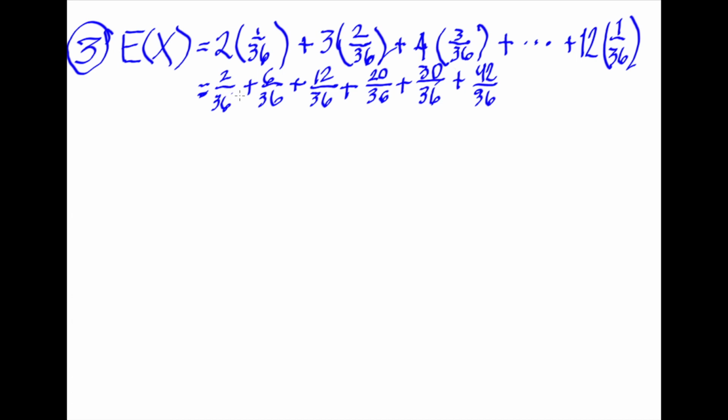So this is 2 times 1, this is 3 times 2, this is 4 times 3, this is 5 times 4, this is 6 times 5, this is 7 times 6, next is 8 times 5, which is plus 40 over 36. Next is 9 times 4, which is 36 over 36.